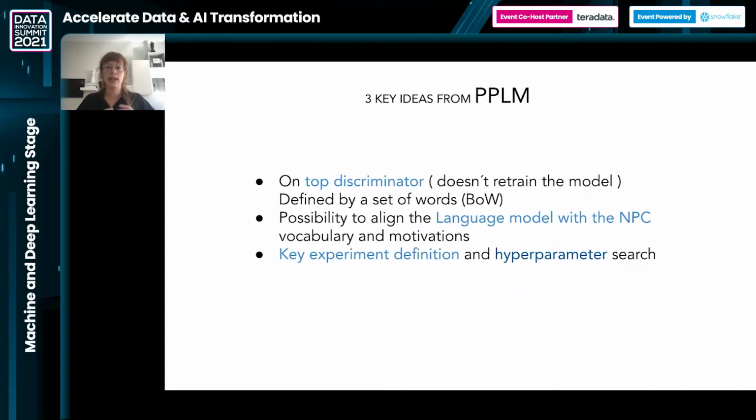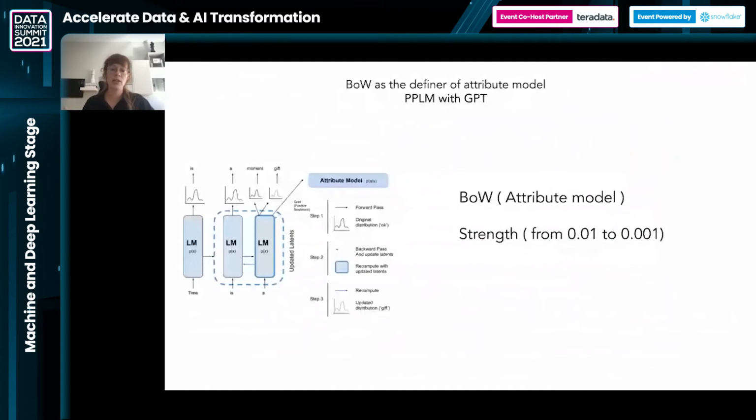However, there's a key aspect here in the experiment definitions and hyperparameter search of these kinds of models to actually produce the most scalable results. So what we need to know is that we have this probability forward pass with the large language model, and in the last layer of that, we have the attribute model that recomputes the latents and the gradients of the model, and then it produces new content.